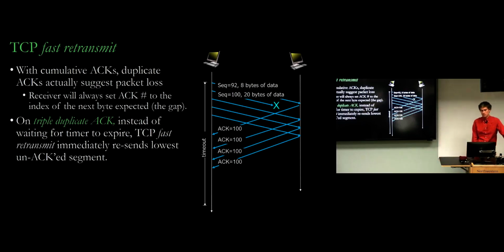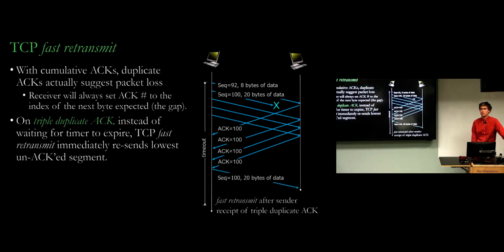Therefore, it must have been lost somehow. So let's retransmit. At this point, it resends this packet with sequence number 100, corresponding to the triple duplicate acknowledgement, even though the timer hasn't expired.